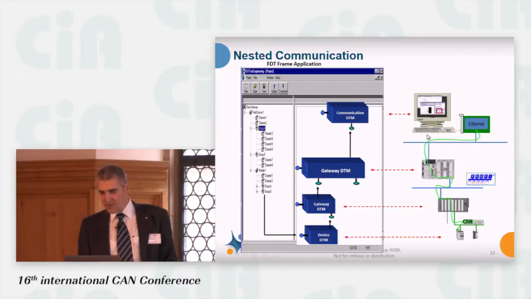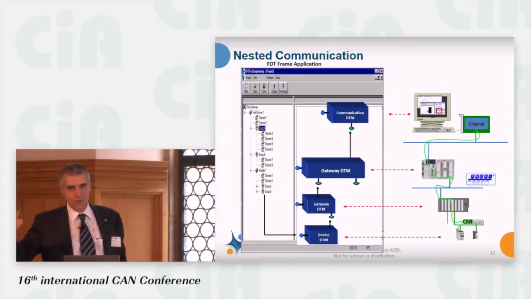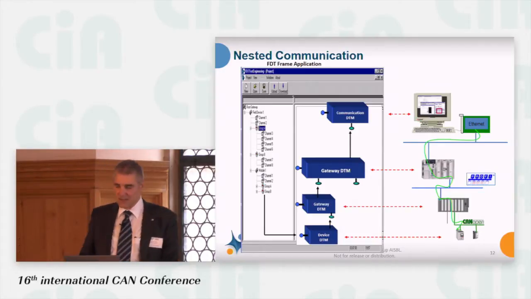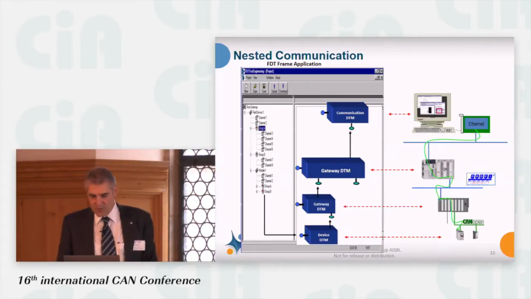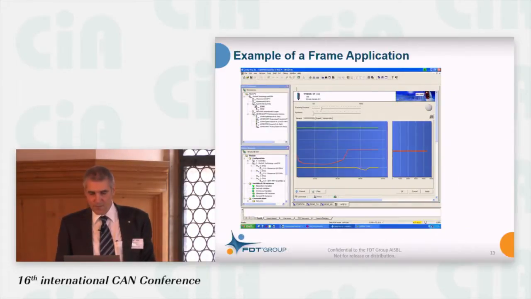So, for example, here, Ethernet. But the interfaces are always the same in a communication DTM, whatever it is. If it's CANopen, when you go directly CANopen, if it's Ethernet, IP, and other protocols, Profinet, Profibus. So this is key to understand what nested communication can do.